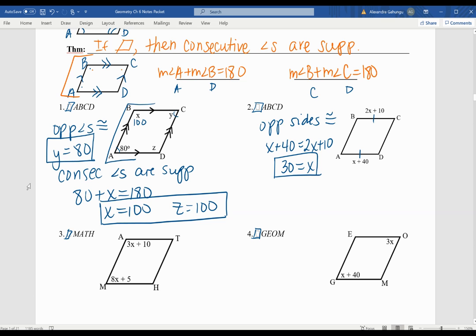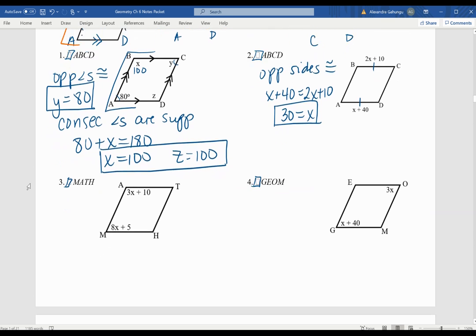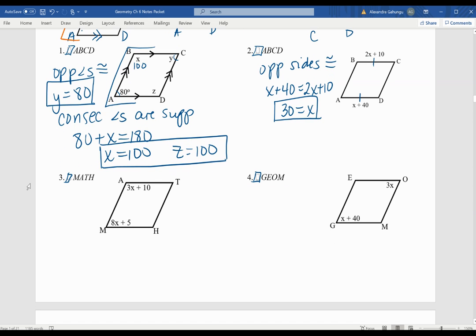And the last two, so we've got those three theorems running through our heads when we look at these pictures. So angle A and angle M, for example 3, are not opposite angles. They are actually consecutive. They're right next to each other. So they are supplementary. So if they're supplementary, the sum of their angles here is going to be 180.